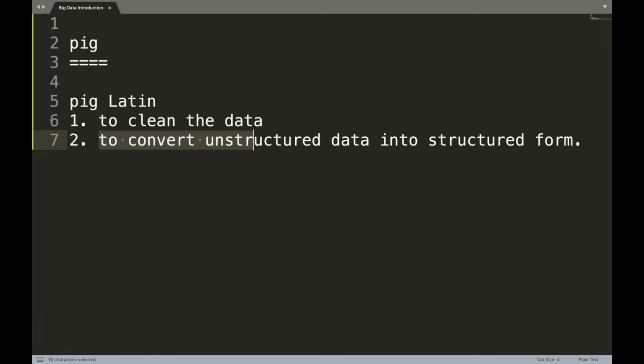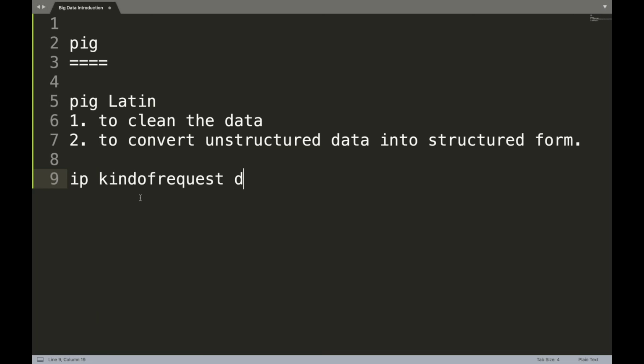Also, we used to convert unstructured data to structured form. For example, let's say you are getting some web server logs. Now, web server logs do not have any structure. But technically, if you open the file, the first column is an IP address. After that, there is a space, then there is some kind of request. Like it can be something like IP, then after that the kind of request, right?